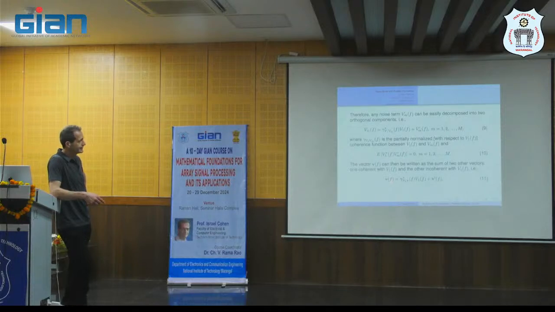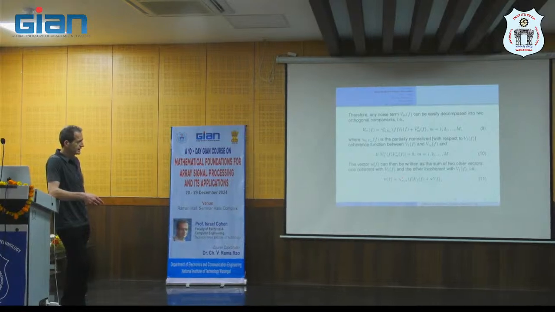So we can write the vector V, the vector that contains the noise for frequency f, using a vector, the coherence function between the noise and the noise in the first sensor, the reference sensor, multiplied by V1, plus remaining noise.